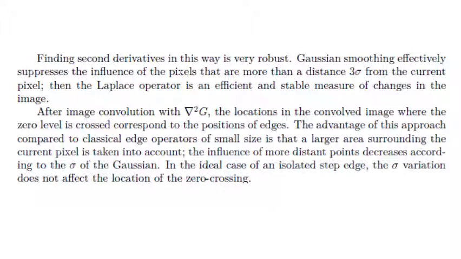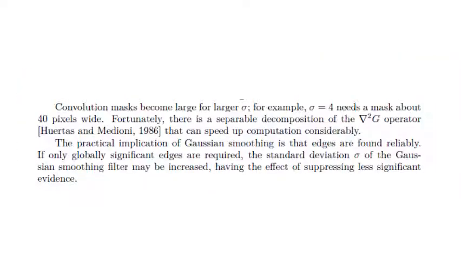The influence of more distant points decreases according to the sigma of the Gaussian. The convolution mask becomes large for larger sigma, so it all depends on sigma. There is a separable decomposition of the del square G operation that can speed up the computation considerably.